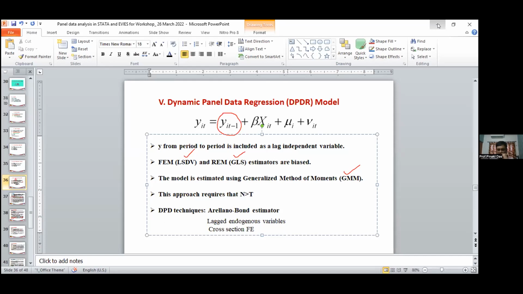Sir, can you please show the EViews on the screen? EViews is not visible, the PPT is visible. When you share the entire desktop, then both will be visible. Previously I shared the entire desktop. If you choose the PPT slide, then only the PPT will be visible.